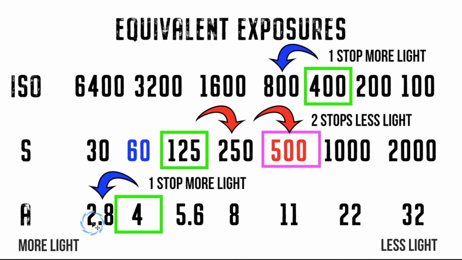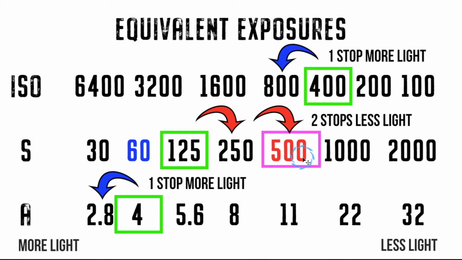Both of those exposures are exactly the same, but the numbers in the outcome of what you get from the image is completely different. In this version, the green one, it would work good for a non-moving subject. However, now we're moving up to 500th of a second, and that must mean that we need to stop some sort of action that's happening in the image.